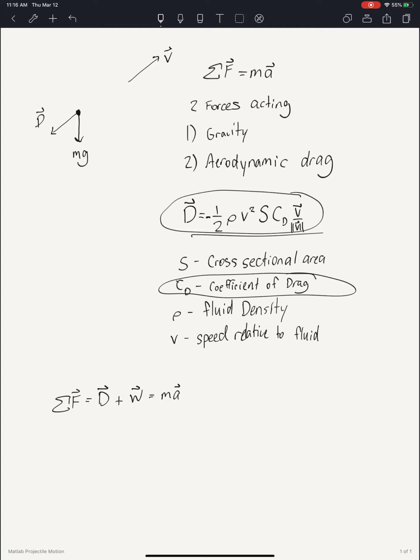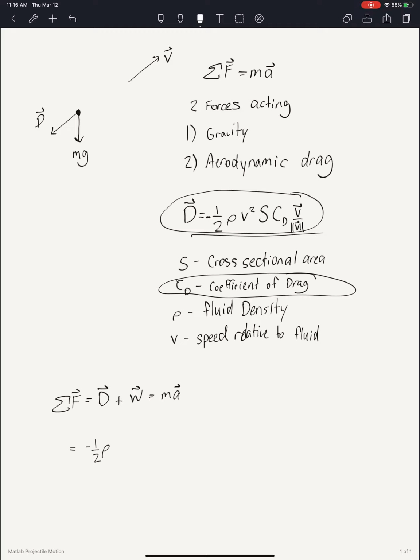So I will say this is equal to negative 1/2 times rho times v squared times s times cd. I'm going to regret that. Let's take a moment. I'm going to take the v and move it to the right side of the equation. We'll just talk about why in a moment.